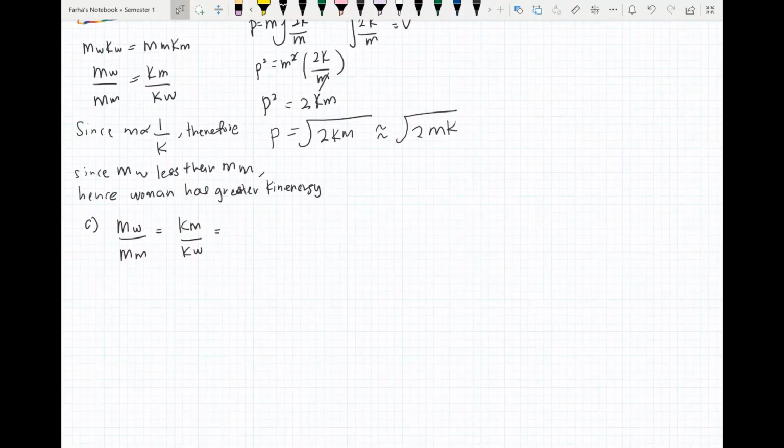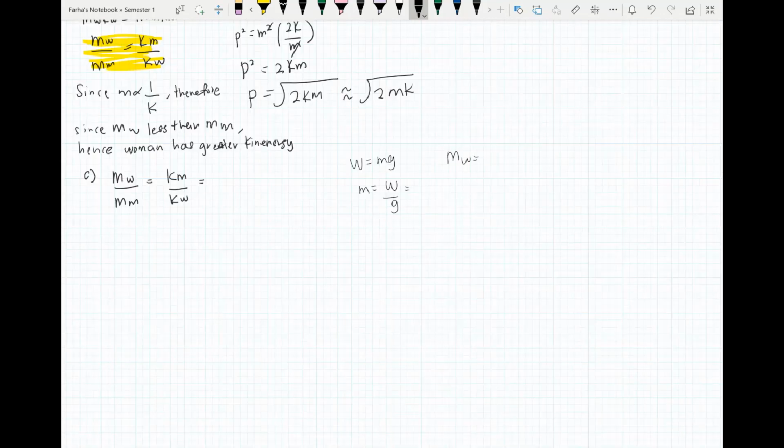So C, kita cari ratio mass of woman over mass of man. So dia adalah sama dengan Kman over Kw daripada apa yang kita dah derive di atas ni. Okay, so sekarang dia dah beri weight bagi woman and man. So kita just gunakan weight adalah sama dengan mg. Okay, the mass for woman is equals to weight for woman over g, which is 450 Newton over 9.81.